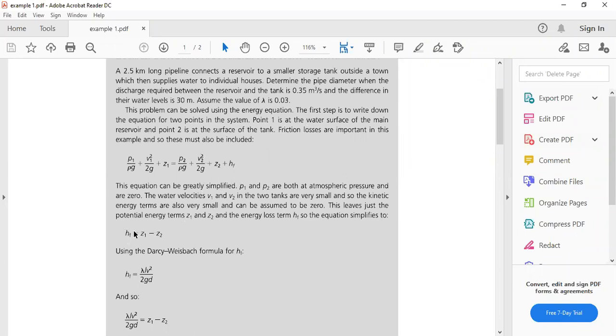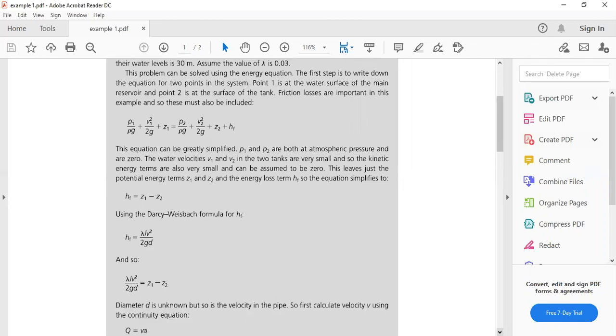So now we have calculated this one, and if we look at this equation, we have the diameter. The diameter is what we are looking for. The velocity we do not have. So we have two unknowns.